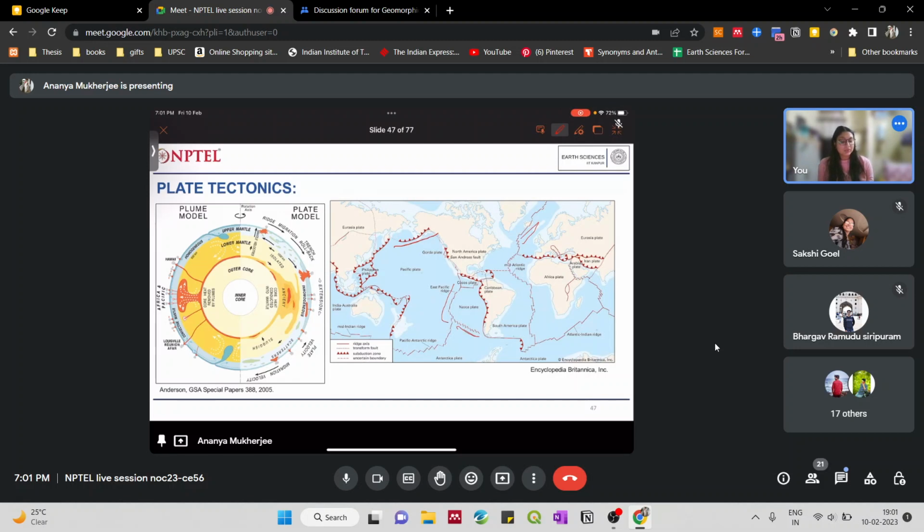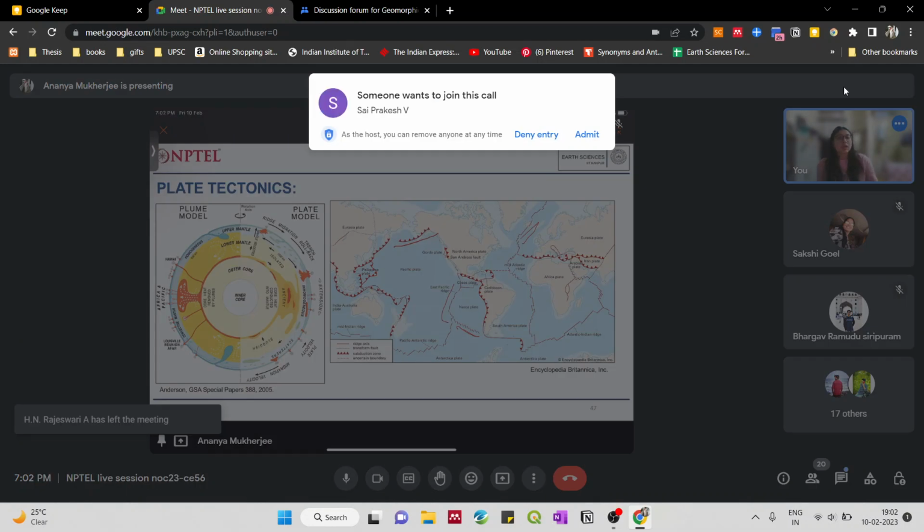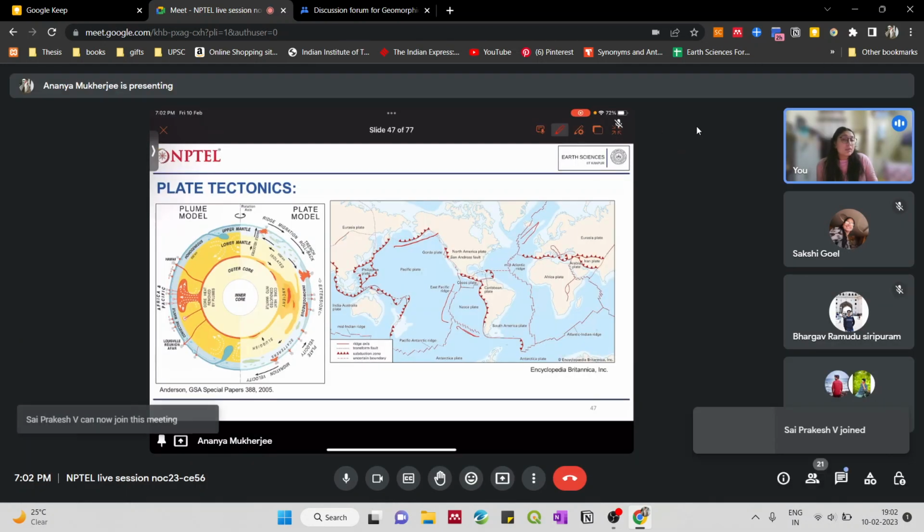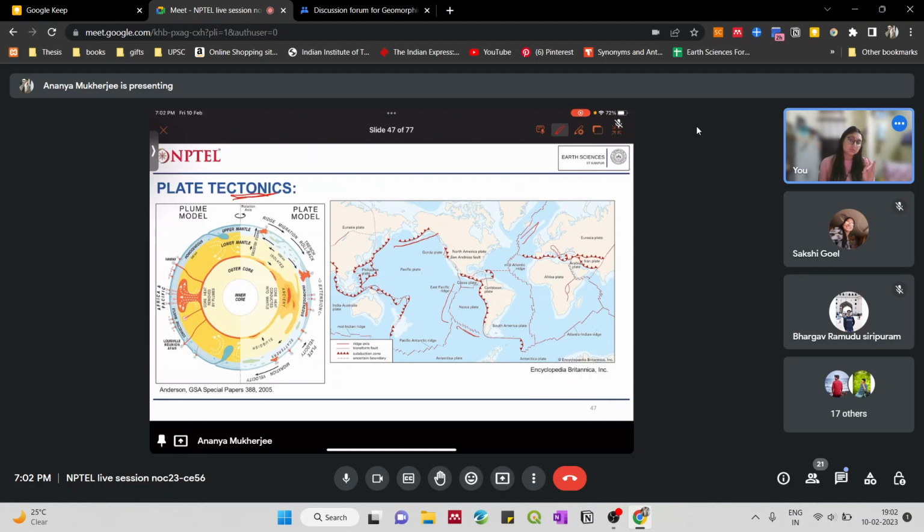These are the different plate boundaries, and the plate boundaries between two plates can be of different types. The types are related to the relative movement between the two plates. Okay. So for plate tectonics, we can consider a plume model or a plate model.